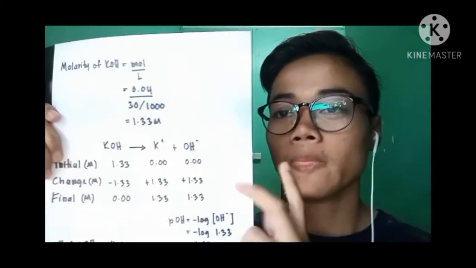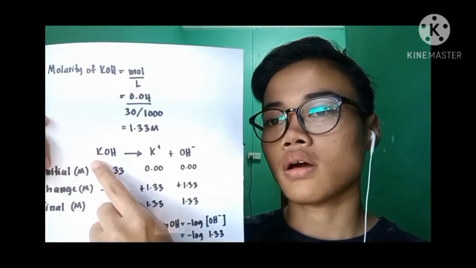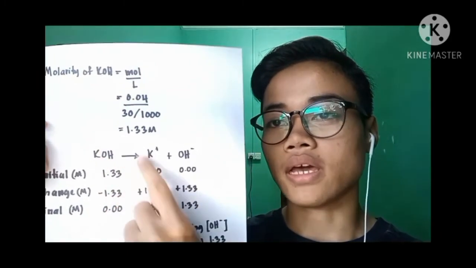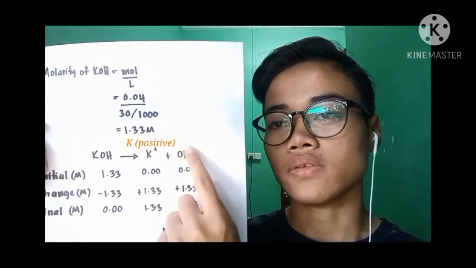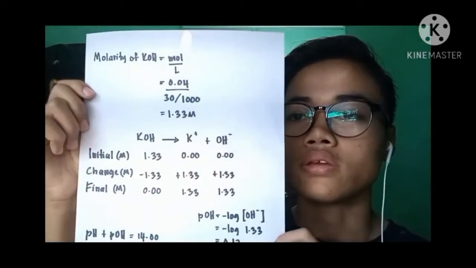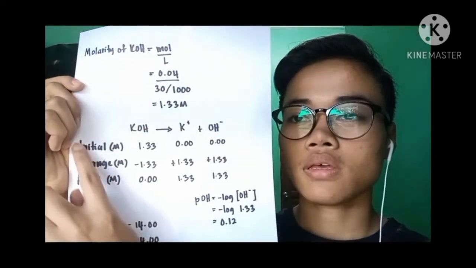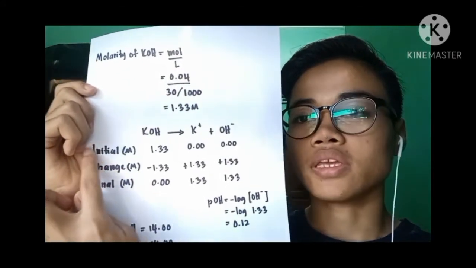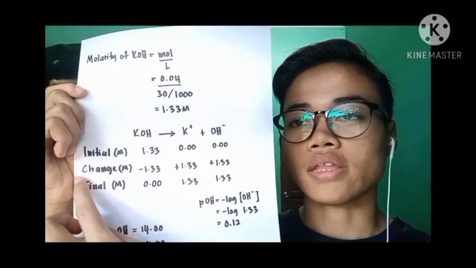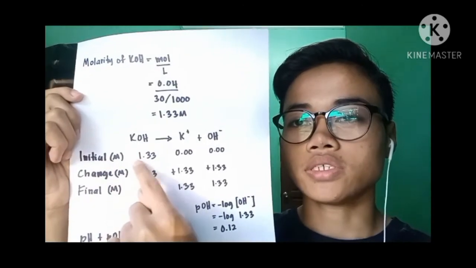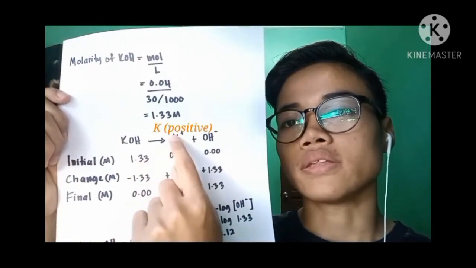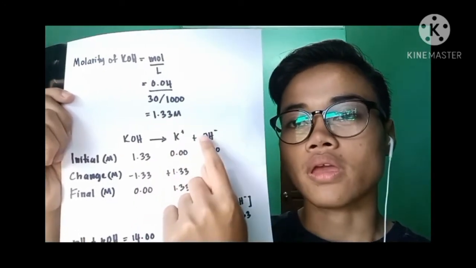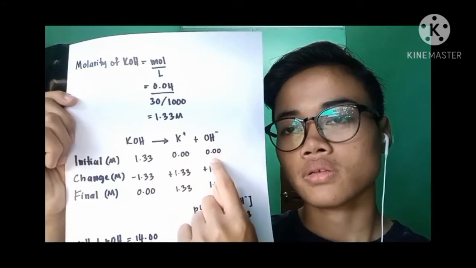So next, we write the ion equation of potassium hydroxide. There is K plus and OH negative. Then we write the table of molarity in initial, change and final. At initial, potassium hydroxide is 1.23, K plus is 0 and OH negative is 0.